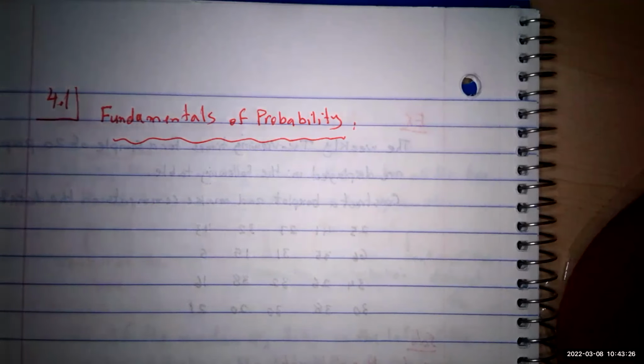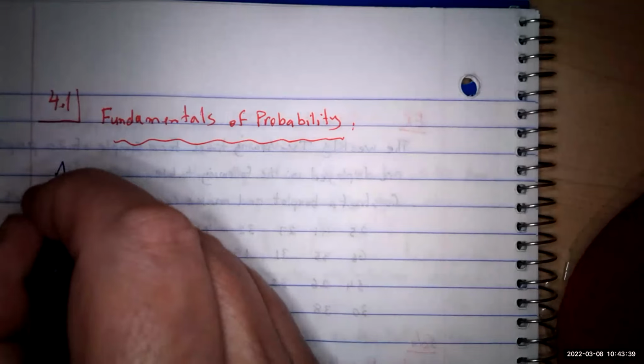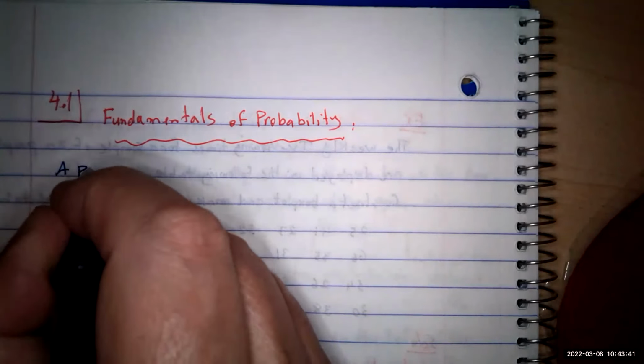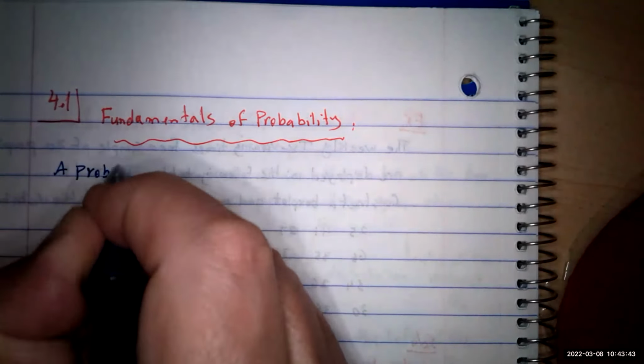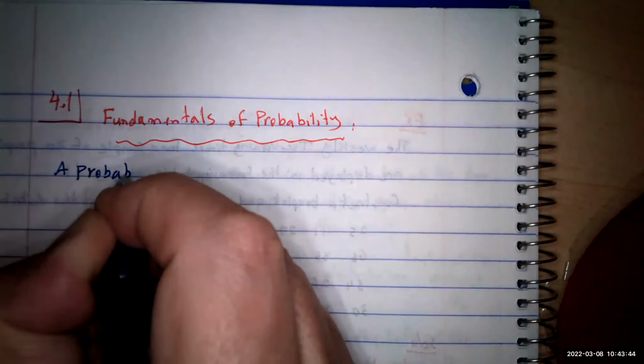Okay, so let's give you the definition. There's going to be definitions, so terms that we're going to use. Eventually, we are going to introduce it as a function. Okay, so what's a probability? A probability experiment, we usually refer to it, or procedure.